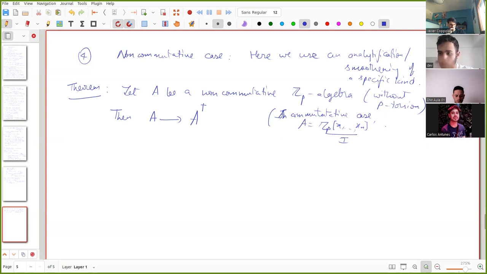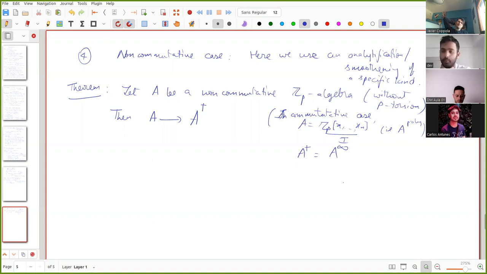So this was the A poly notation, and A dagger would be the A infinity in that notation.